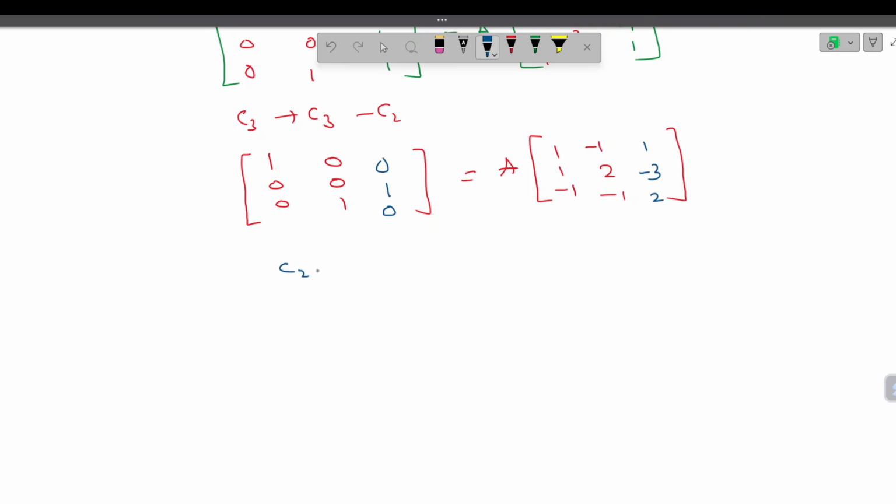So C2 to C3. Yes, 1 0 0, I am moving to this side.